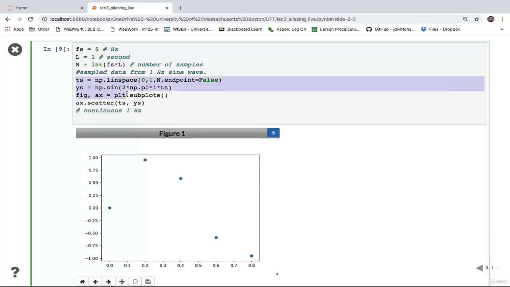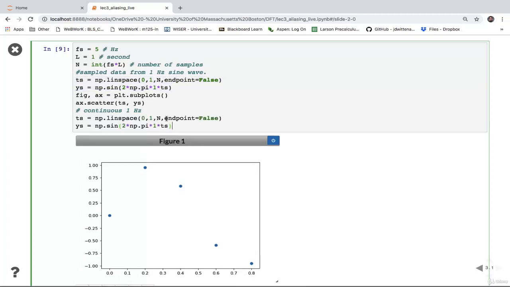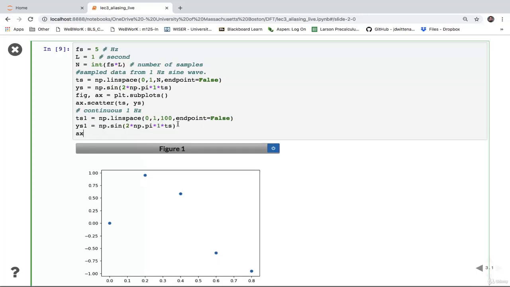So I'm going to copy this. And to make it continuous, we simply use something like 100 points. Just use a lot of points. That way, it looks continuous. So let's call this TS1, and let's call this YS1, and I'm going to plot it again, but this time also on the same axis. So TS1 versus YS1.